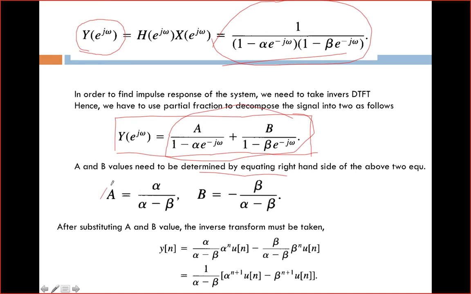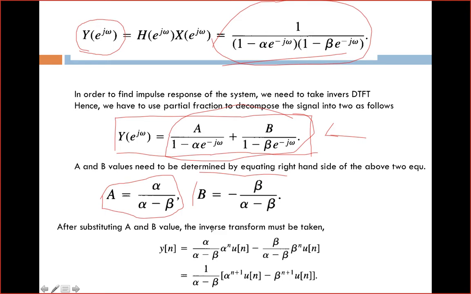So, I will get A is equal to alpha divided by alpha minus beta, and B is equal to minus beta divided by alpha minus beta. I have to substitute A and B in this equation, and I have to take inverse DTFT.